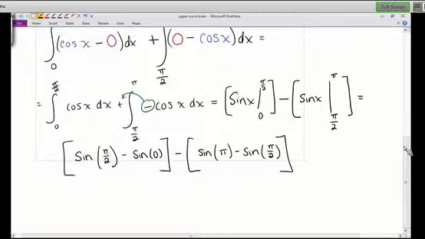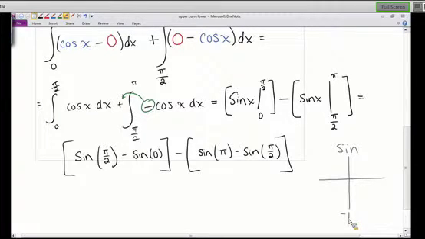Now you can use a calculator to evaluate sine of pi over 2, sine of 0, sine of pi, or you can remember the following. You can draw a rectangular coordinate system underneath the i of sine. So you're going to write out the word sine, and draw out a rectangular coordinate system underneath the i.